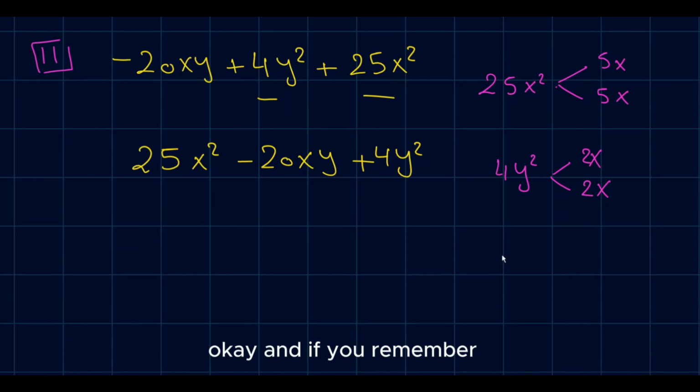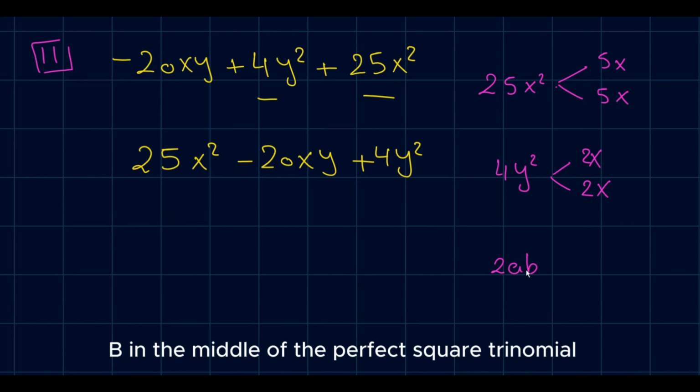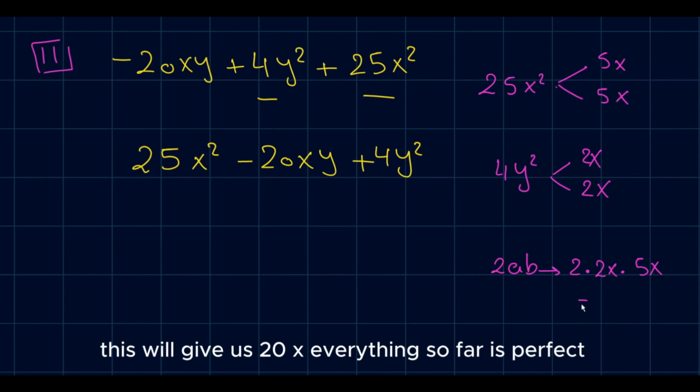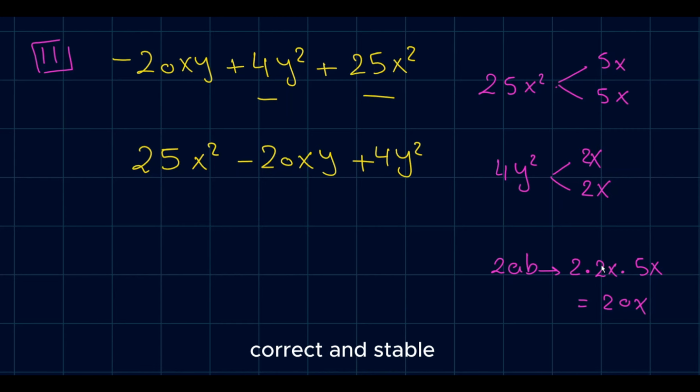Okay, and if you remember, if we have 2ab in the middle of the perfect square trinomial, this will become 2 times 2y times 5x. This will give us 20xy. Everything so far is perfect, correct, and stable.